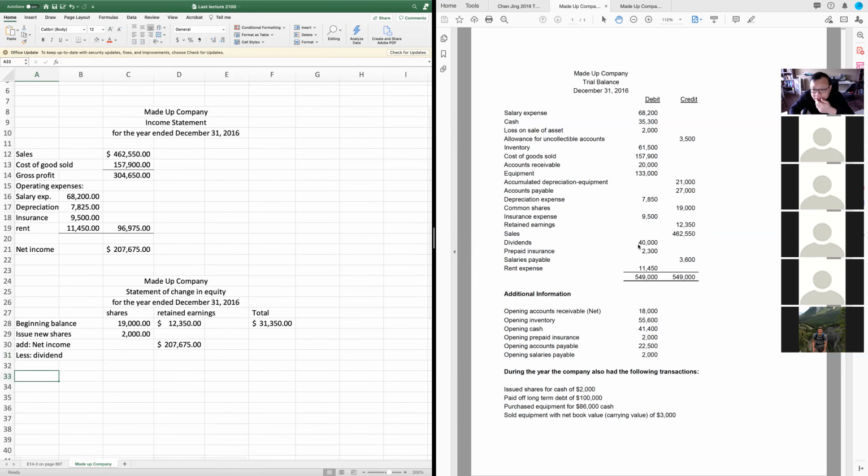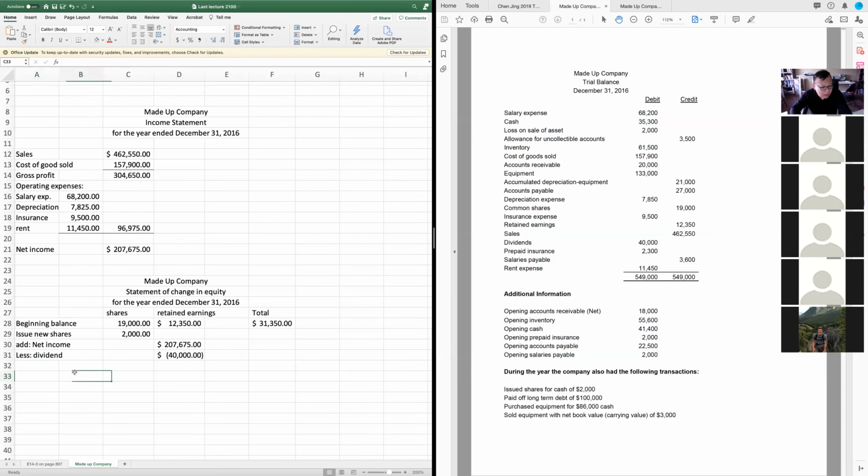Dividend here is 40,000 in the trial balance, so minus 40,000. That's it, right?